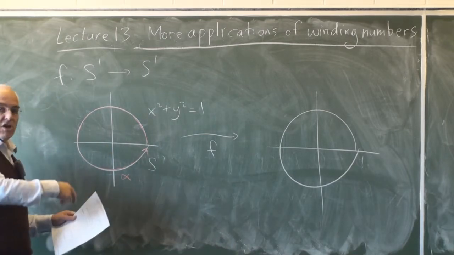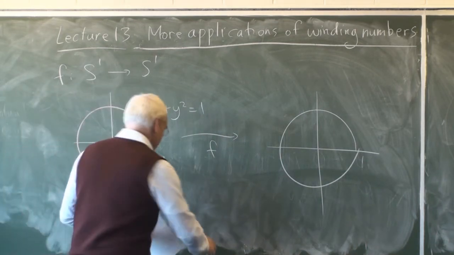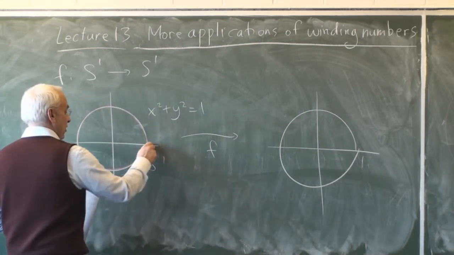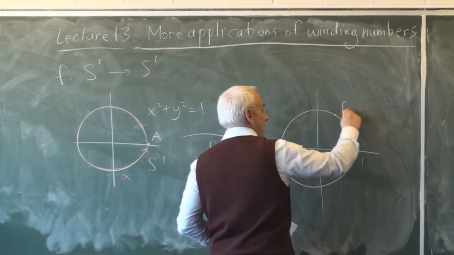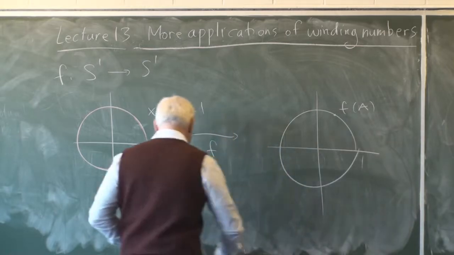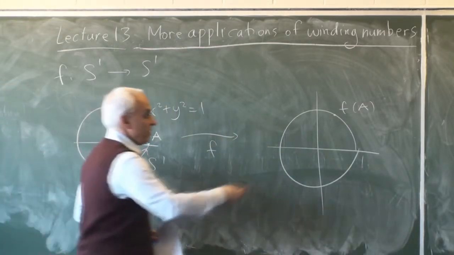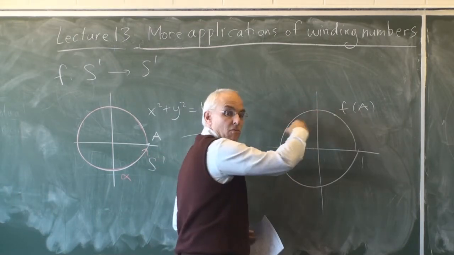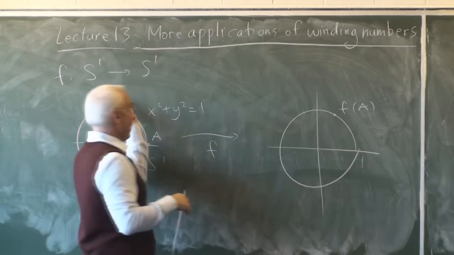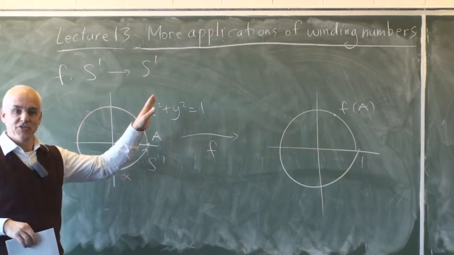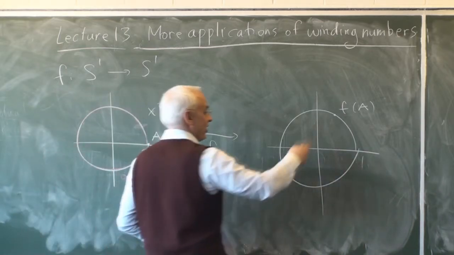And we look at its image under this mapping. So if, say, this point here is, let's call it A, and our starting point is some f of A over here. And as we go around this circle once, then the function's values will walk around on the circle in a continuous way. Our functions are always continuous unless I say so. In this course, everything is continuous unless we say explicitly otherwise.